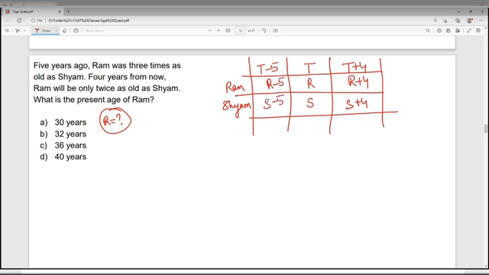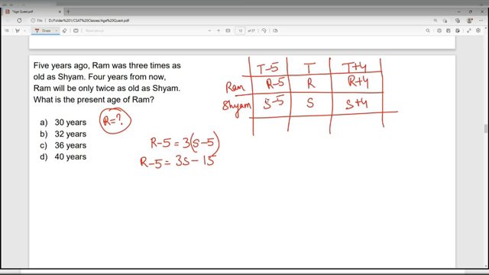According to the question, 5 years ago, Ram was 3 times as old as Sham. So Ram's age 5 years ago was R minus 5. That was 3 times the age of Sham, S minus 5. So this becomes R minus 5 is equal to 3S minus 15.